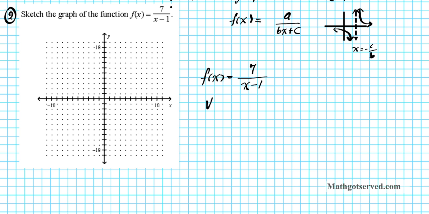So let's look for our vertical asymptote. To find it, we're just going to set the denominator x minus 1 equal to 0 and solve. Okay, we have x equals 1. That's a vertical asymptote. We can also call it the infinite discontinuity or our pole. All right, so that exists at x equals 1. Let's go ahead and sketch that line.